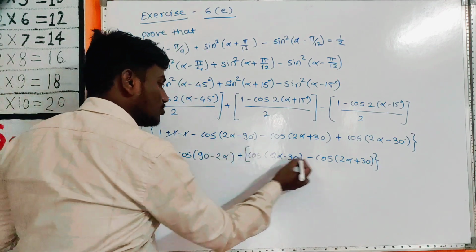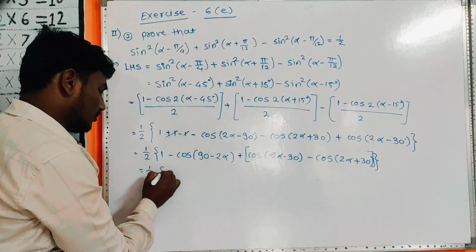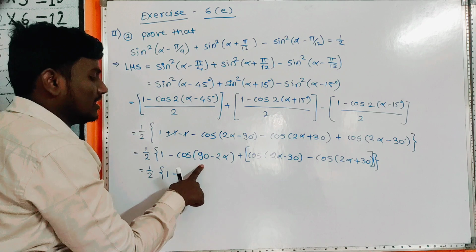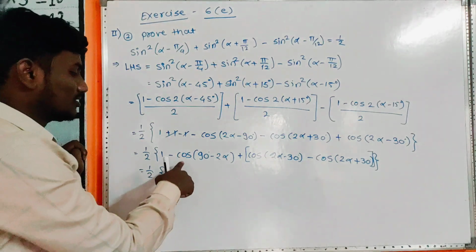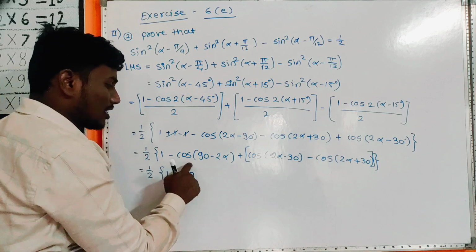Now we take these two terms. Here 1/2 [1 − cos (90 − θ), meaning a transformation occurs. This can be converted into sin θ, as in 90 − θ, the first quadrant, all are positive.